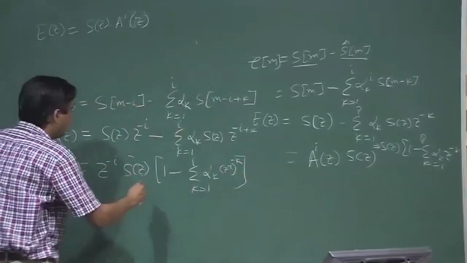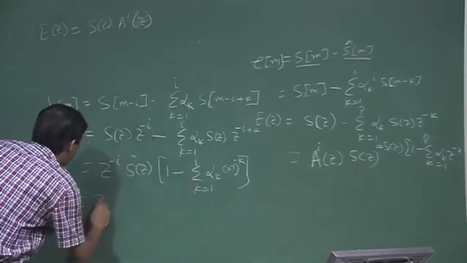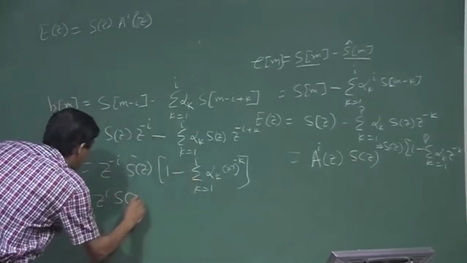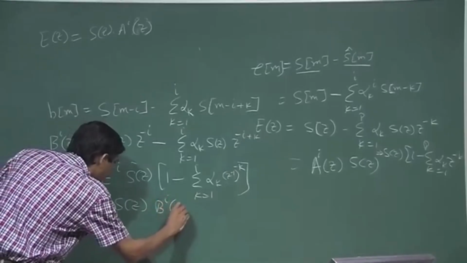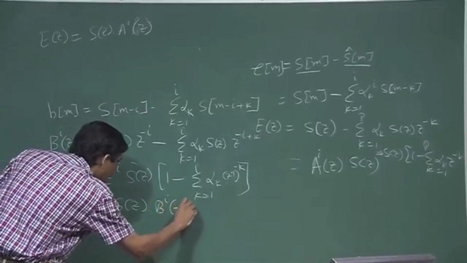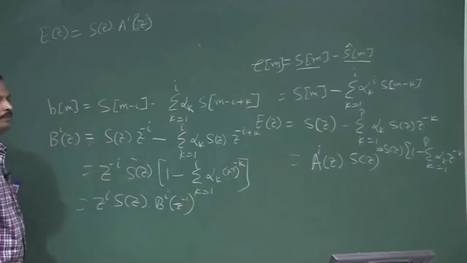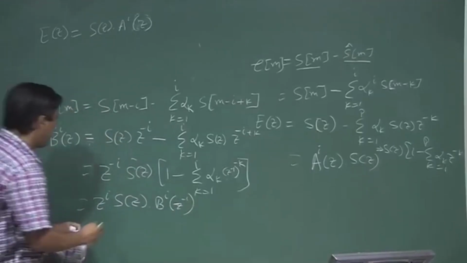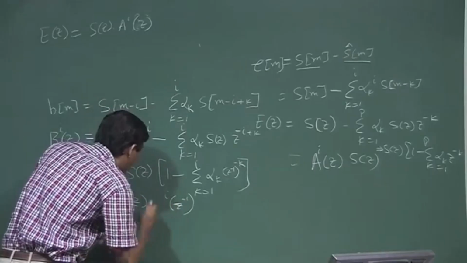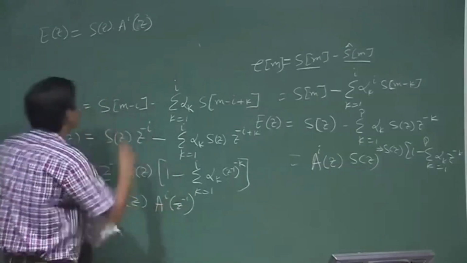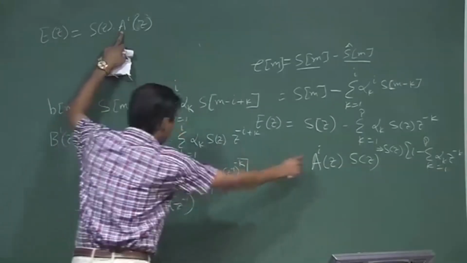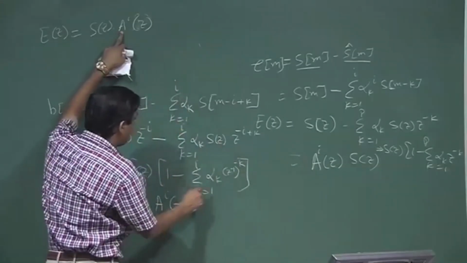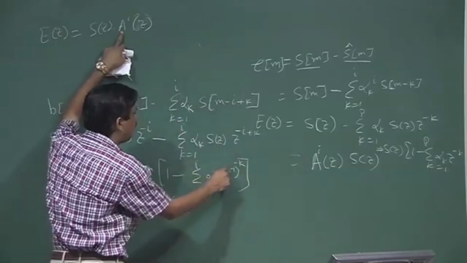So in that case, I can say this is nothing but z to the power minus i S(z) times A_i of z to the power minus 1, where A_i(z) is 1 minus the sum over k equal to 1 to i of alpha k z to the power minus k.